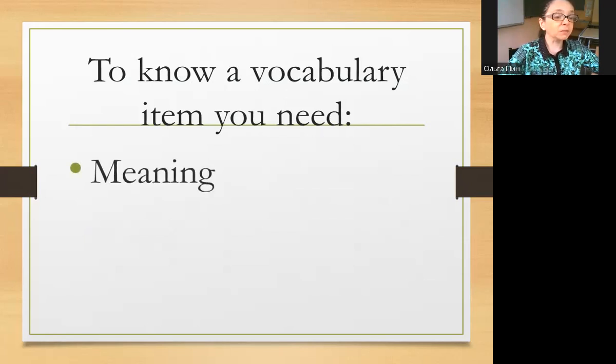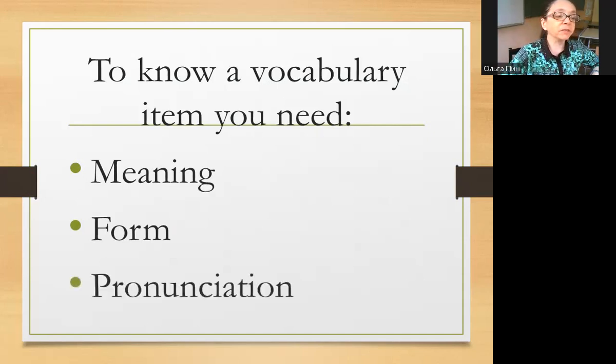First, there's meaning, including synonyms and opposites. Then form. Form includes connotations, collocations, and spelling of the word.